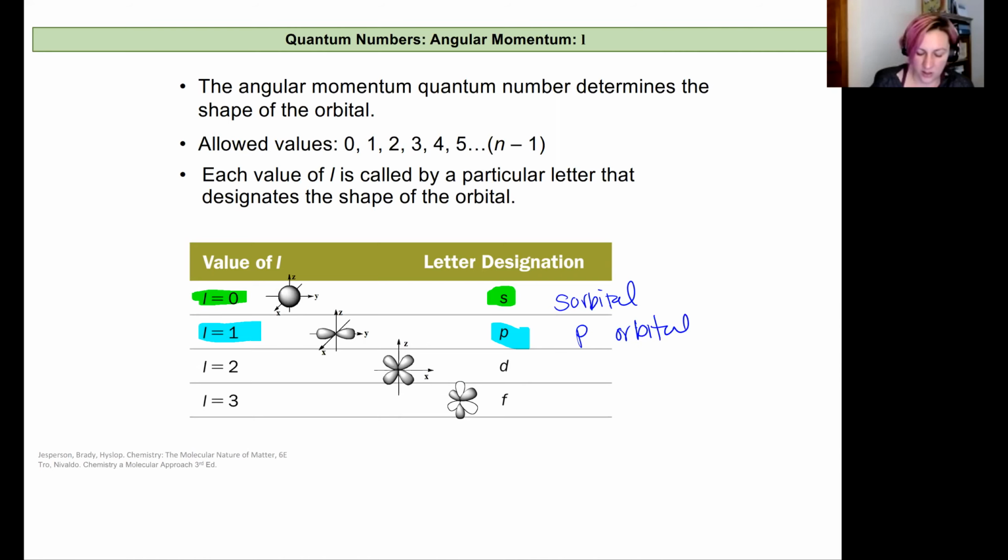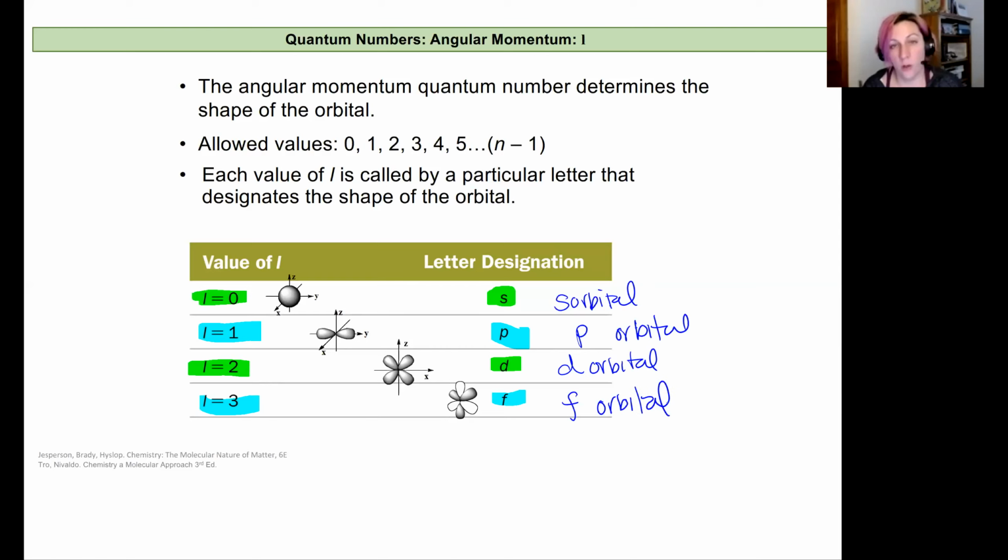If L is 2, then we have a letter designation of D, and we say that the electron is in the D orbital. And then if you have L equals 3, then you have an F designation, or an electron in the F orbital. And this can continue on. 4 would correspond to G, and so on.